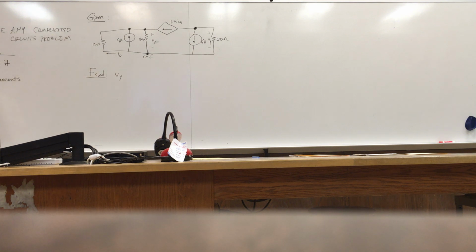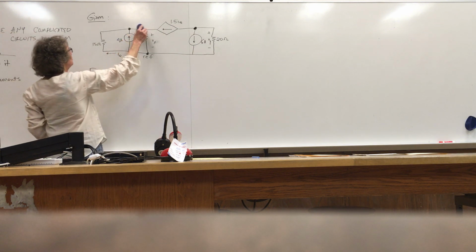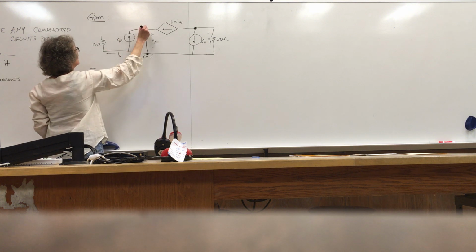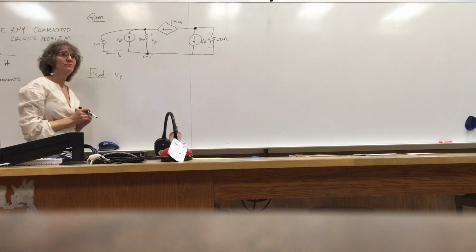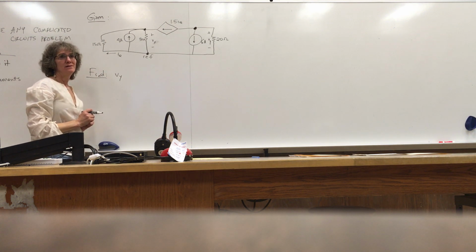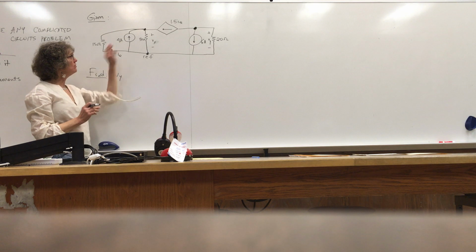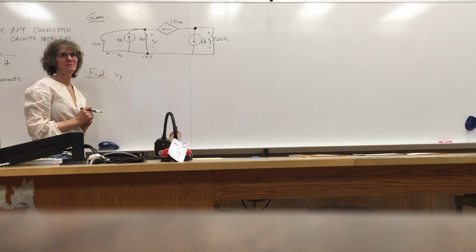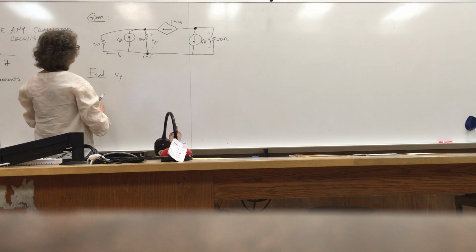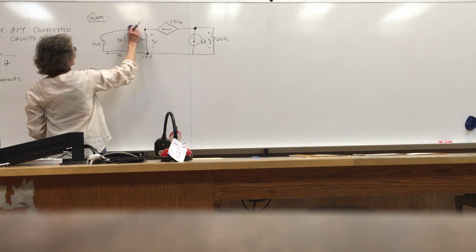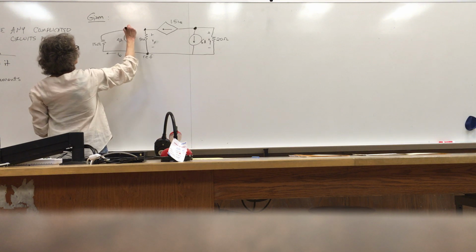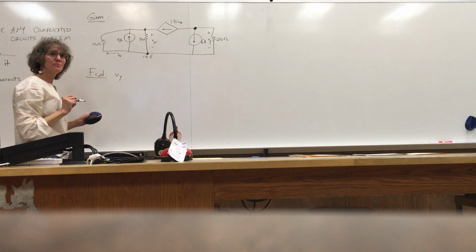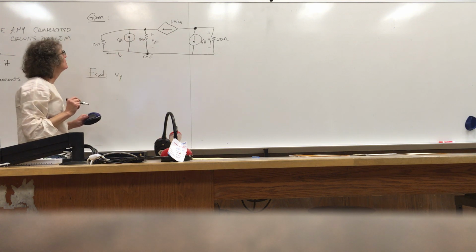I could actually redraw the picture so that it looks a little more clear, sort of like that. It's like one big node. I didn't change anything, right? It looks a little bit different, but it's the same node, whether I show it like that or like that. It doesn't matter that it's not in between two elements.